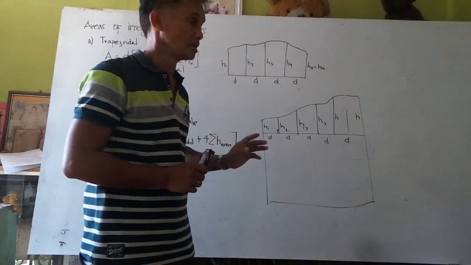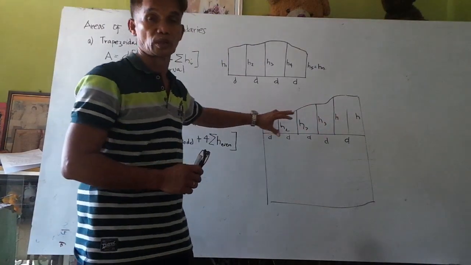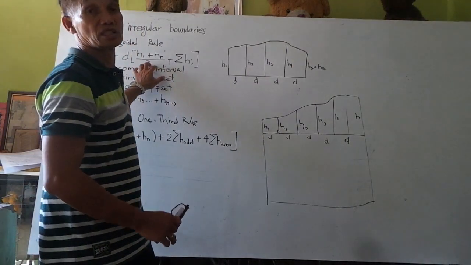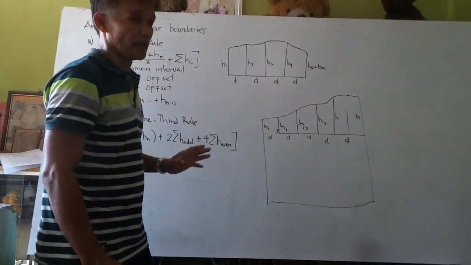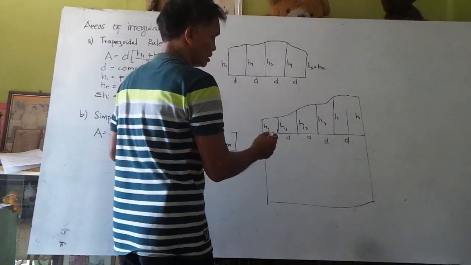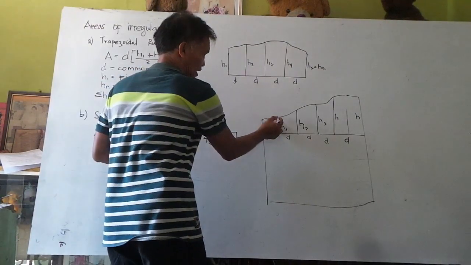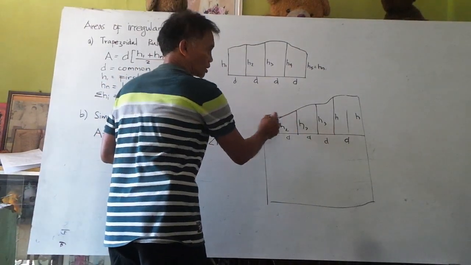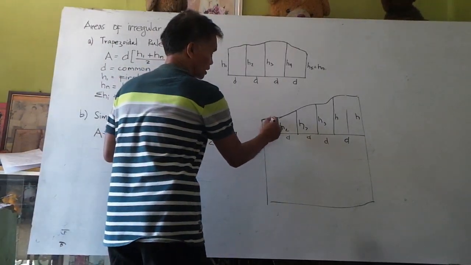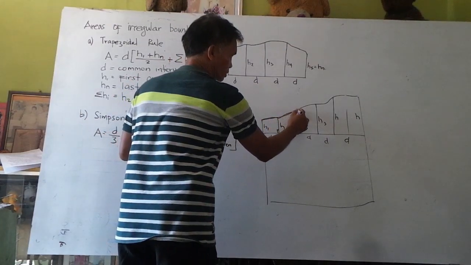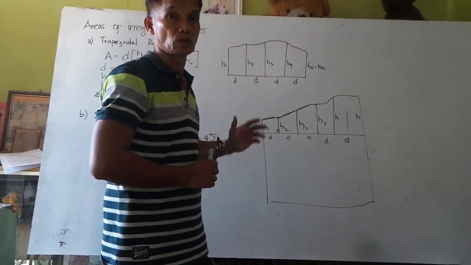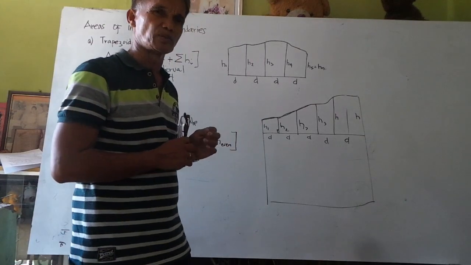One way is by considering the strips as trapezoids, which we call the trapezoidal rule. The other way is the Simpson one-third rule. In the trapezoidal rule, the boundary is treated as straight, while in the Simpson one-third rule the curve is considered. So Simpson's one-third rule is slightly more accurate than the trapezoidal rule, but the difference is very small.